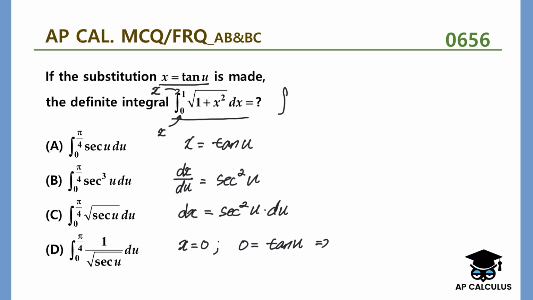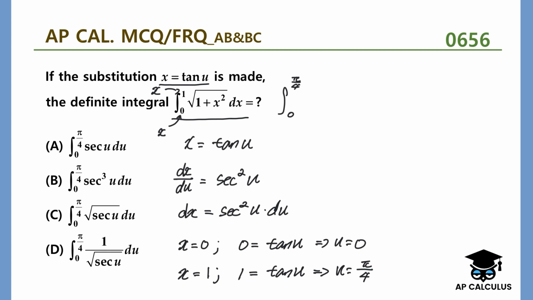So we know that u is equal to 0. When x is equal to 1, we have 1 is equal to tangent u. And tangent of what angle gives us 1? The angle pi over 4, right? Tangent of pi over 4 is equal to 1. So our lower limit is 0, upper limit is pi over 4, right?